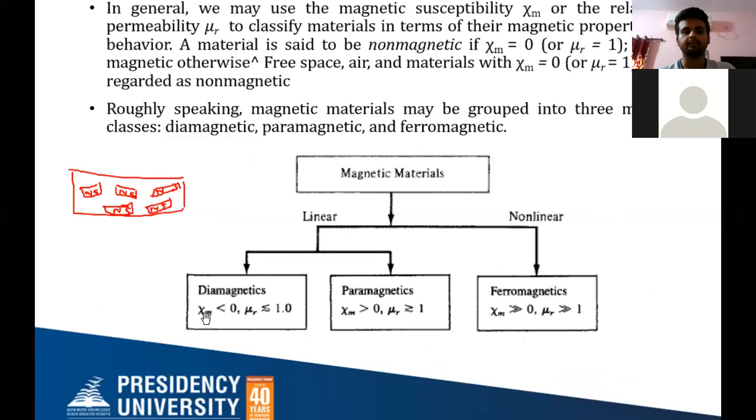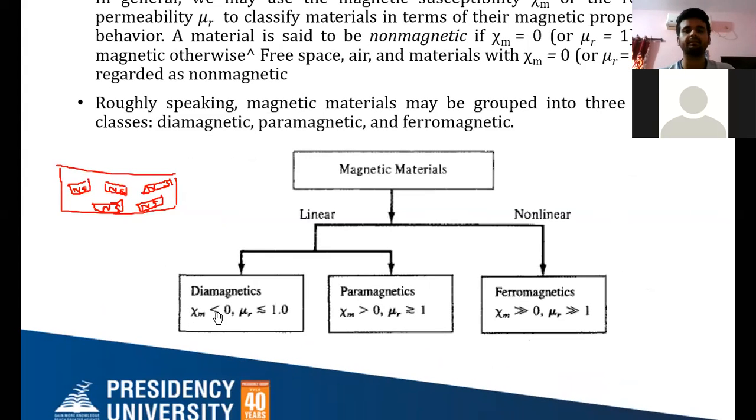Practically, the susceptibility is less than zero. That means susceptibility is negative, and relative permeability is less than one. That is the meaning of diamagnetic. For the material to be perfect diamagnetic, the net magnetic moment must be zero.